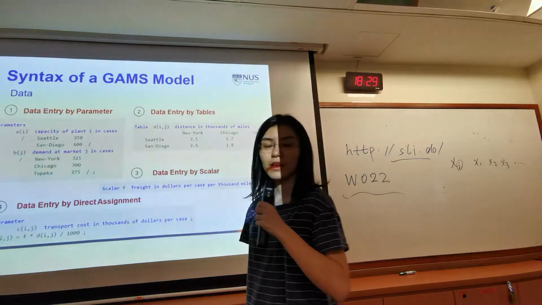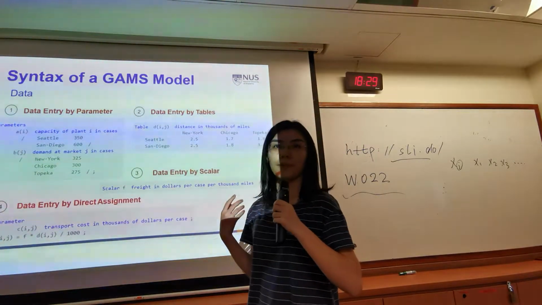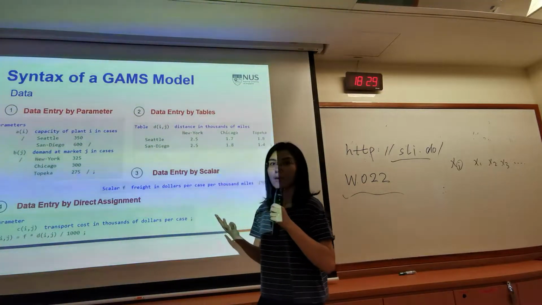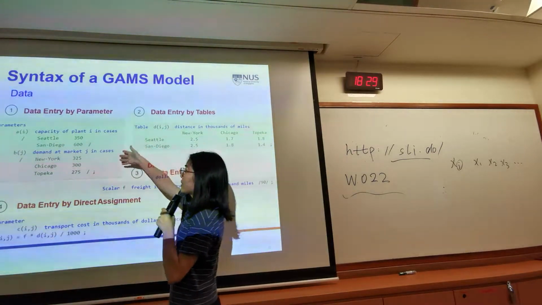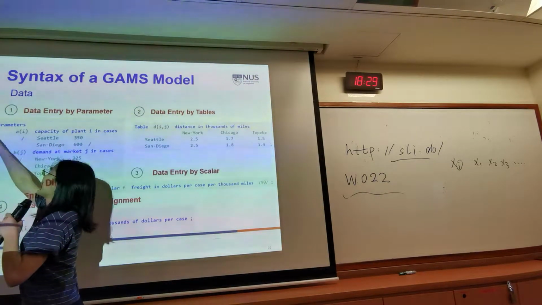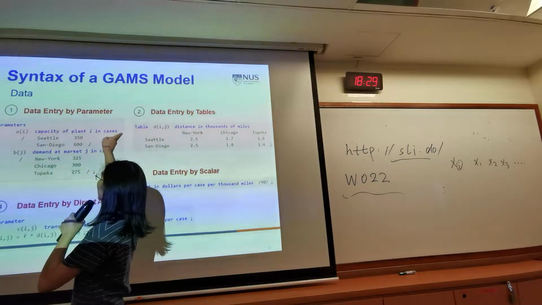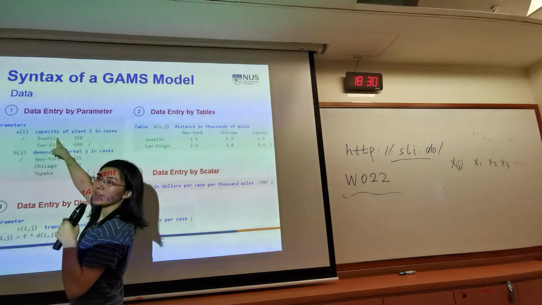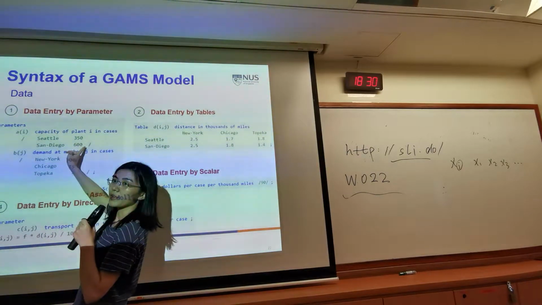And after defining the set, we need to input the data into the code. There are 4 different types of methods to input data. The first one is data entry using parameters. You write parameters and then define your symbol and description, which is optional, and put the set and value inside.